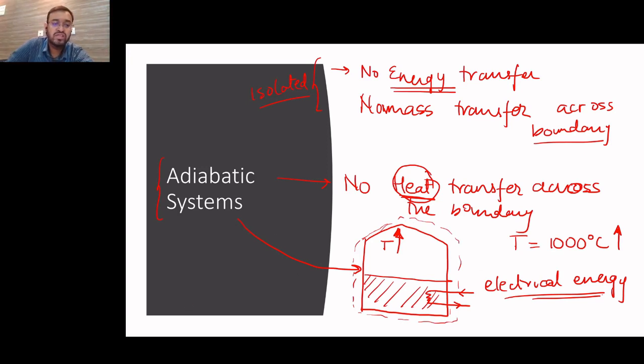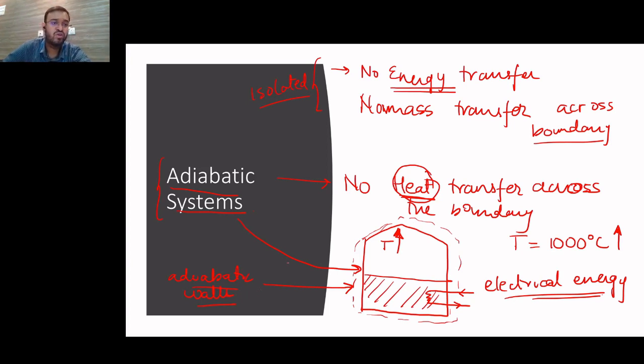Now, adiabatic systems have something called adiabatic walls. Adiabatic walls, by definition, do not allow heat transfer across them.